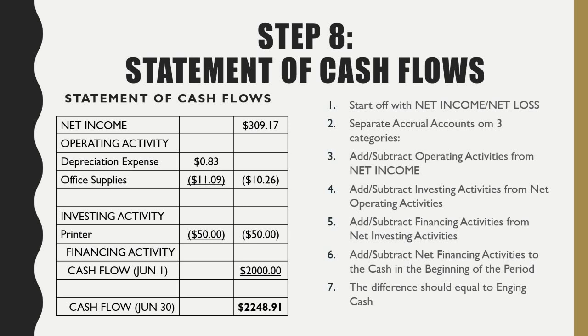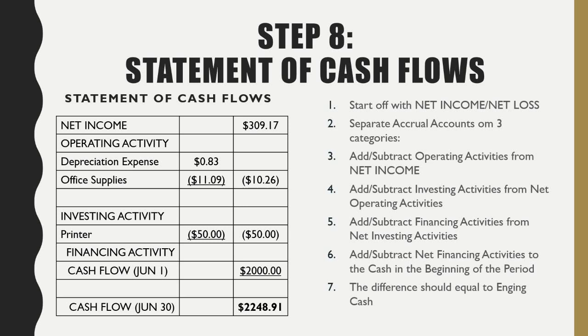Which is going to be anything that's a fixed asset, okay? And then last but not least, we have our financing activities. So these are going to be determined as your long-term liabilities and your equity, okay? So again, after we complete the balance sheet, you're going to take your balance sheet and convert it into the statement of cash flows, okay?